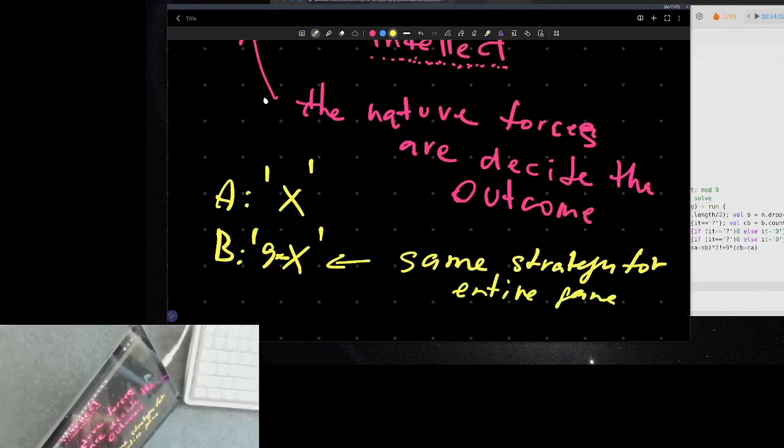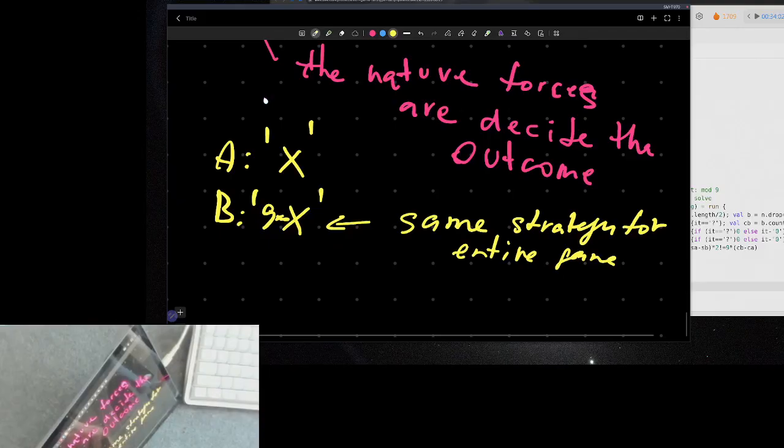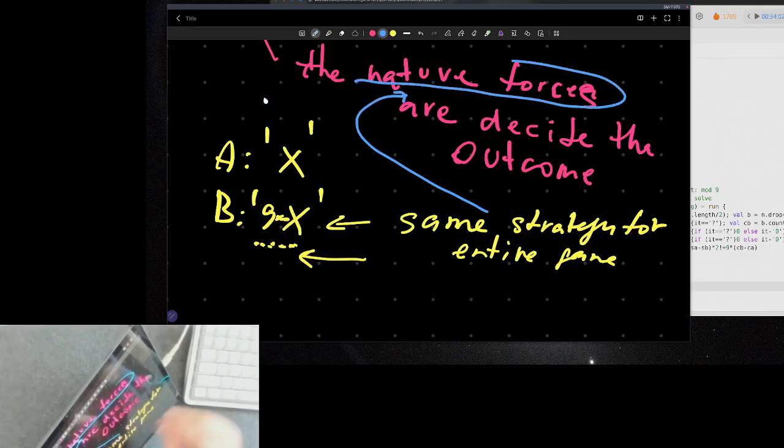He doesn't think at any turn what he has to do. He just applies the same strategy, and this is what it means to give up his intellect to the forces of nature. So if he does this, the nature forces come into play.